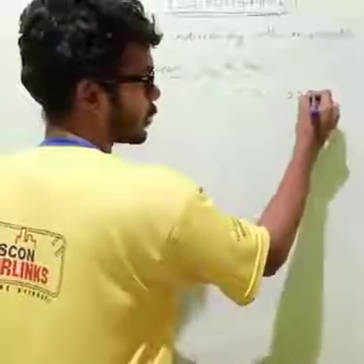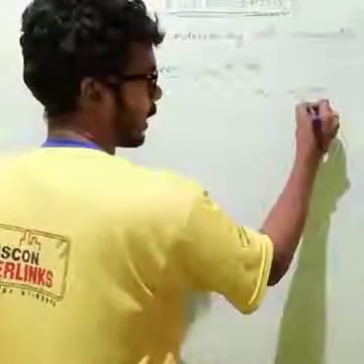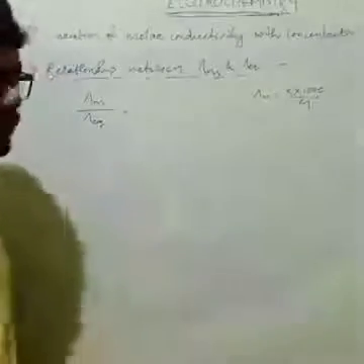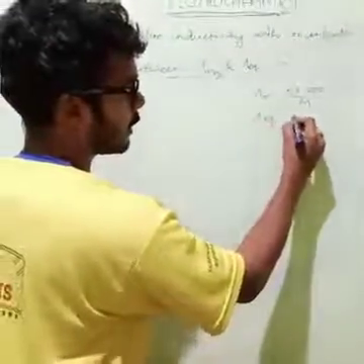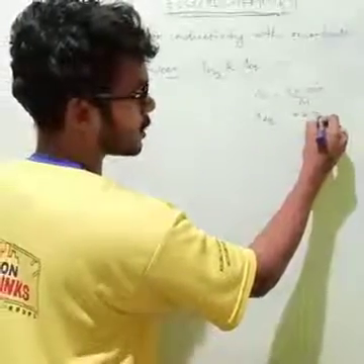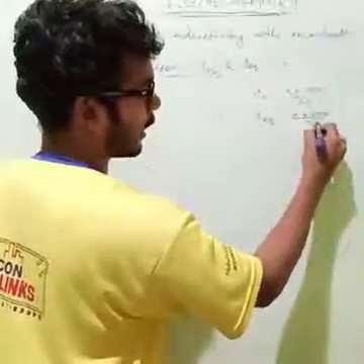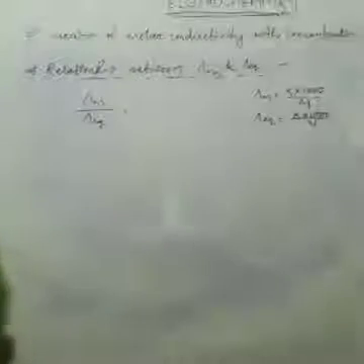Kappa into 1000 divided by M for molar conductivity, and for equivalent conductivity, kappa into 1000 divided by N, which is your normality.